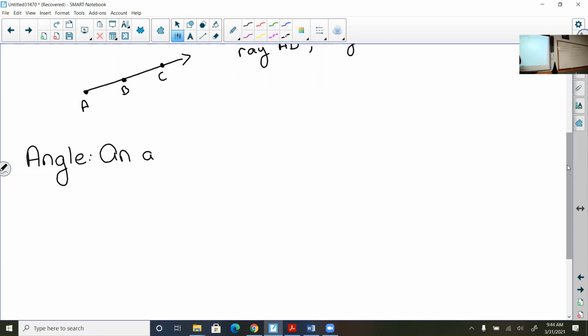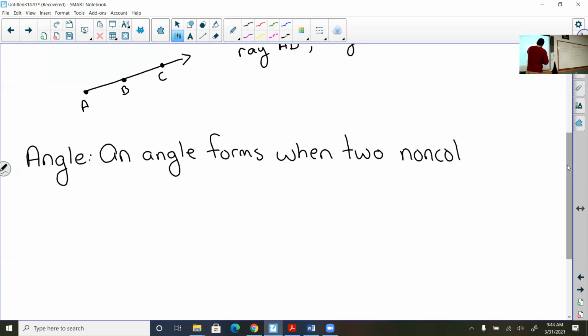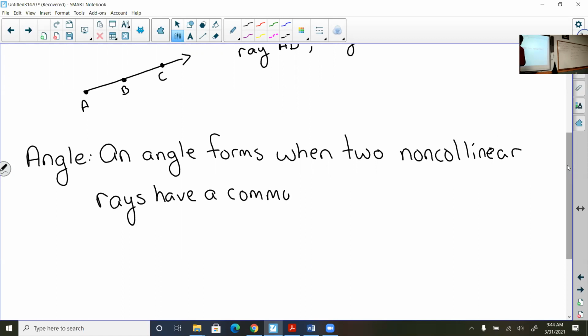So we have an angle forms when 2 non-collinear, that's a technicality that I'll talk about in a minute, rays have a common endpoint. So an angle forms when two non-collinear rays have a common endpoint.